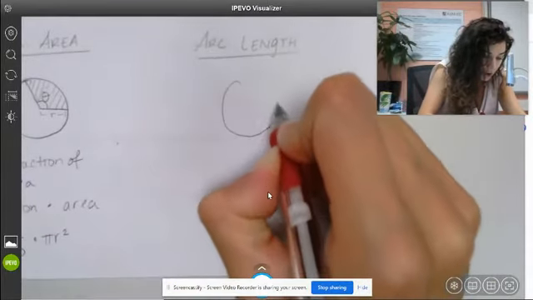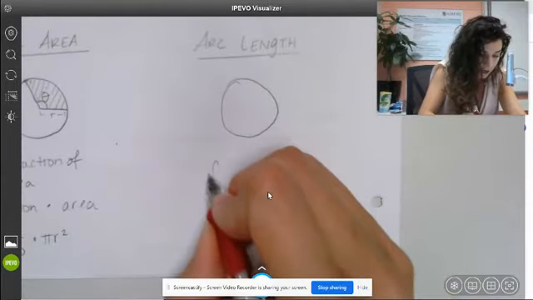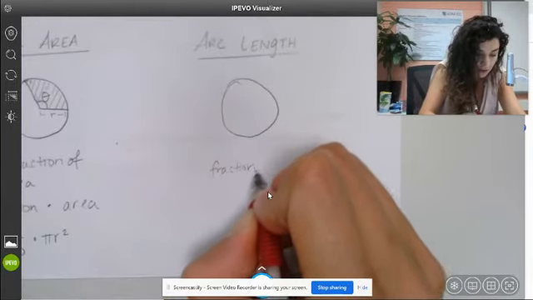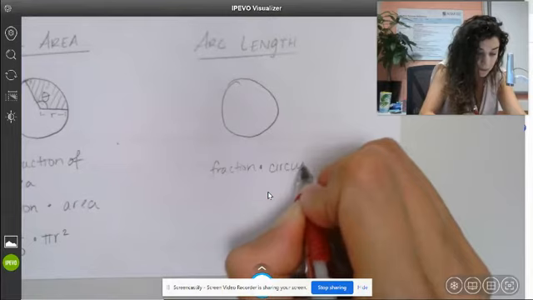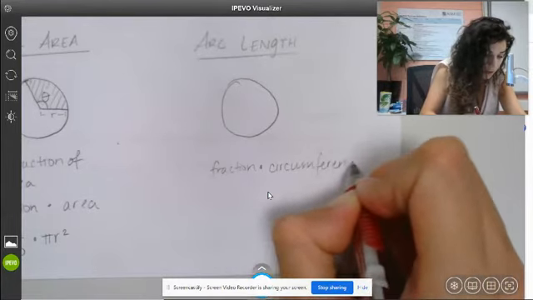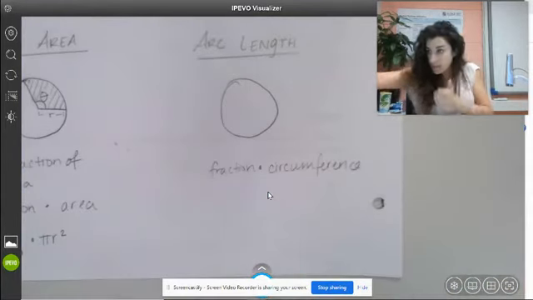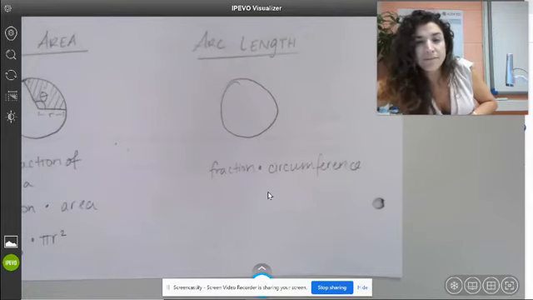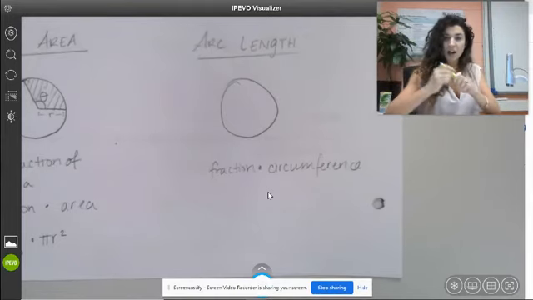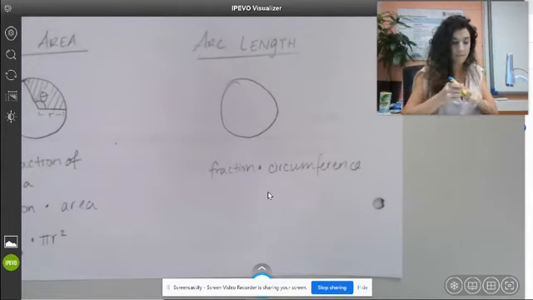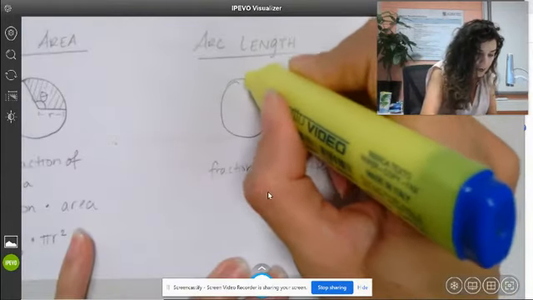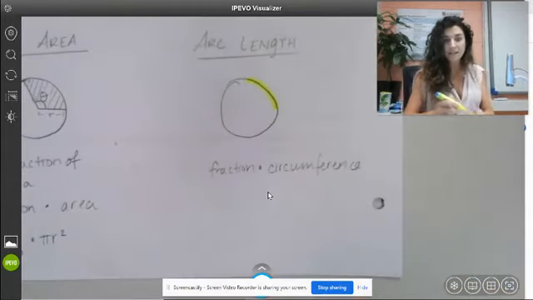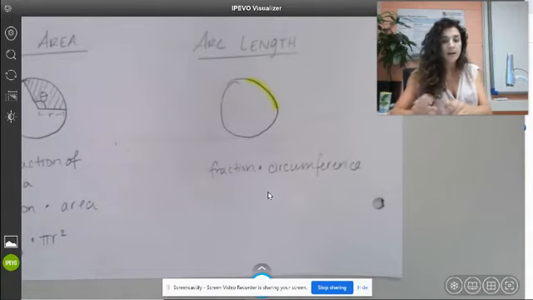Now, arc length is also a fraction. It's a fraction of the circumference. So again, we're talking about a sliver or a part of this circumference. Let's say, for instance, that I wanted to talk about that arc length right there.